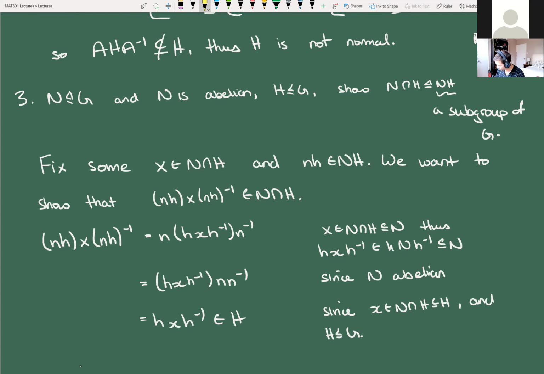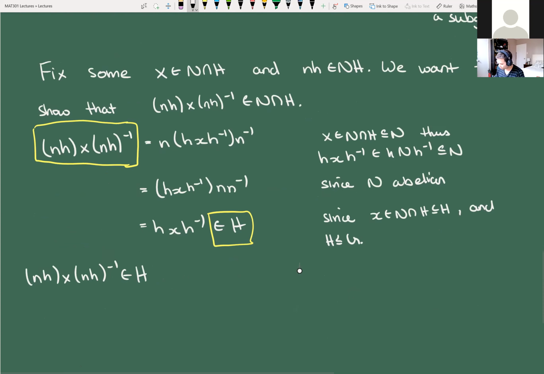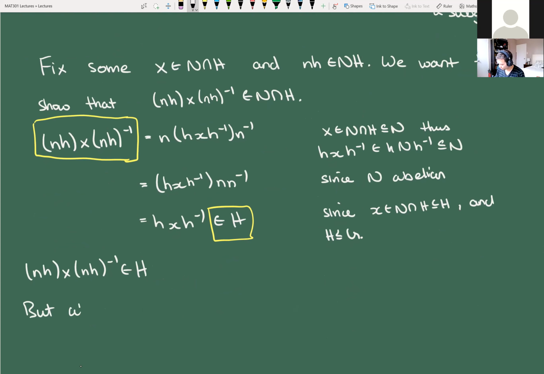Okay, so what do we have? If we look at this, we have nh x (nh)^-1 is in H, but it's also clearly in N. It's in n (h x h^-1) n^-1, which is a subset of N. Therefore, it's in both H and N, and so we're done.